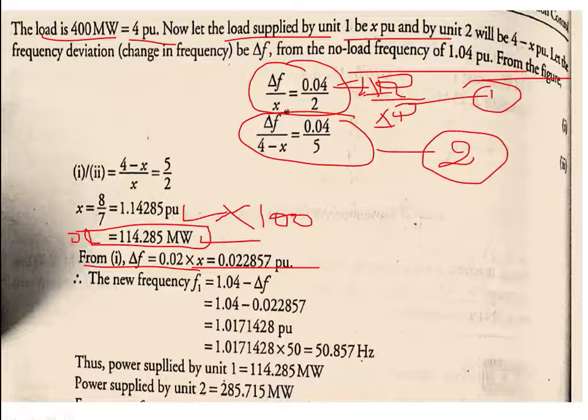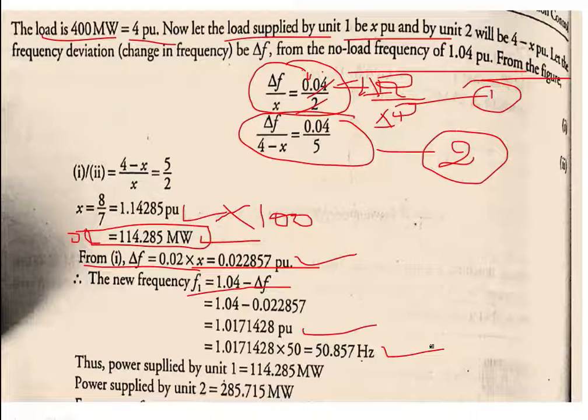Since x is known, you can find the value: 2 ones are 2, 0.020. So we get the value of delta f. Then you can easily find f1, which is f minus delta f. We get this in per unit. To convert it from per unit to hertz, we multiply it by 50.